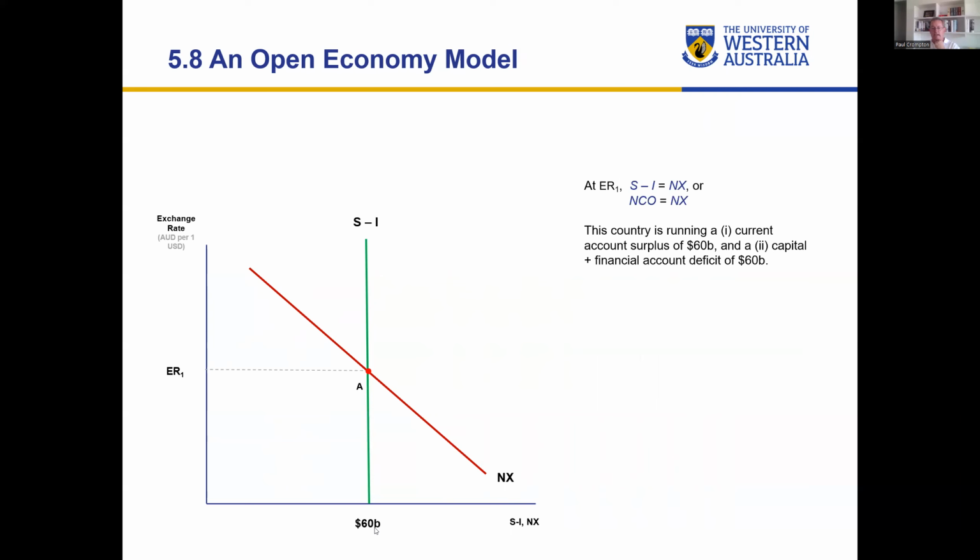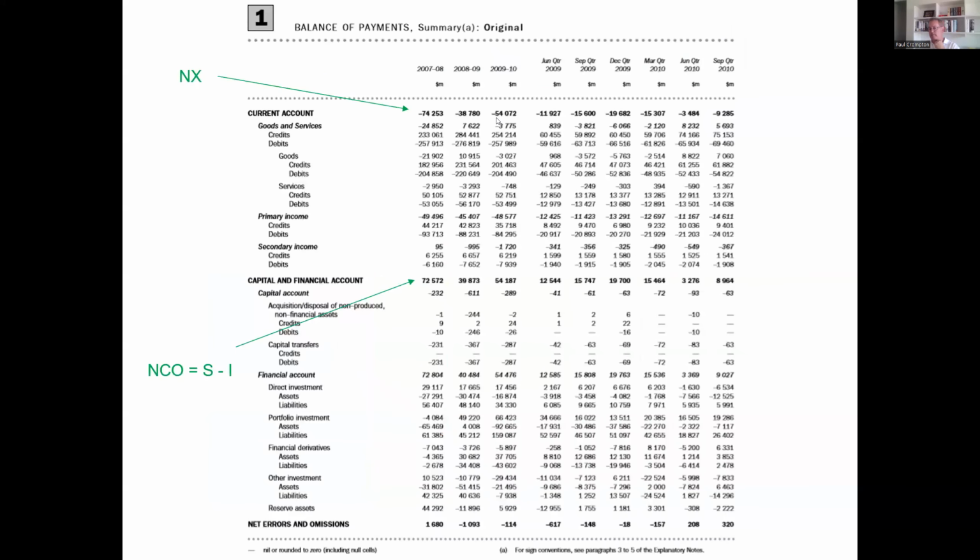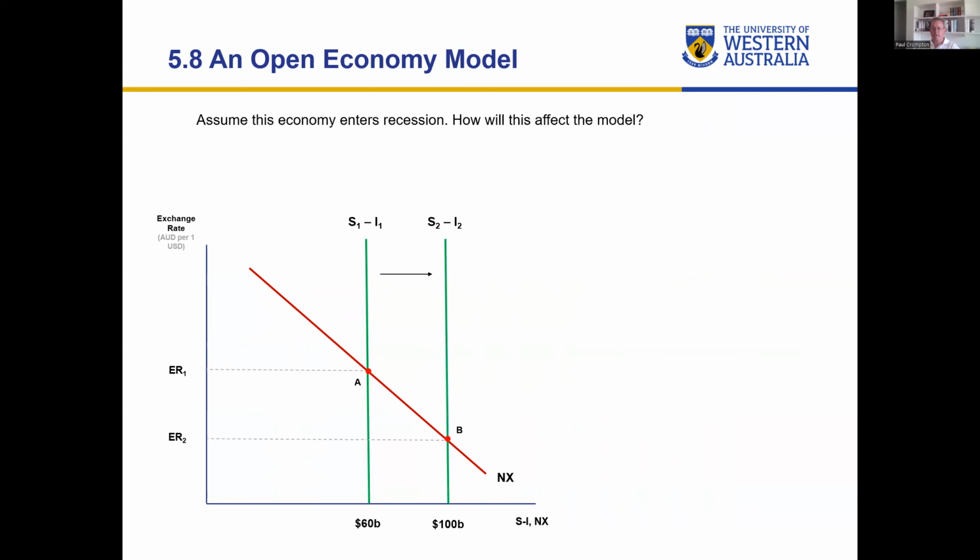Now in Australia's case, we kind of had minus 50 billion around about there, 2009, 2010. So maybe in this diagram, we're modeling the year 2009, 2010, where we had a current account deficit of minus 54 billion, and remember, a trade deficit of minus 54 billion by assumption too.